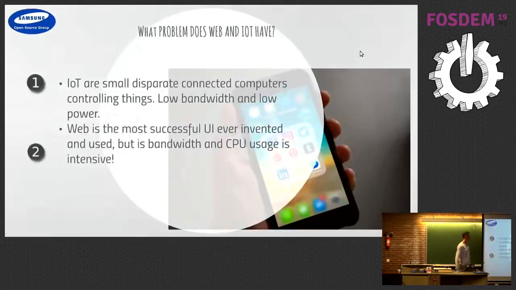So what kind of problems have you got with IoT and web? For me, IoT is all about small, tiny, connected devices. I've got one right there, the light, and that's got a Raspberry Pi Zero in it. It's about how you connect to those devices. That thermostat could be an IoT device. Anything around you, the speakers, could all be IoT devices and they could all be connected. And they're usually low power, low bandwidth.